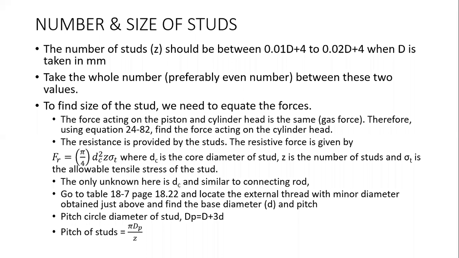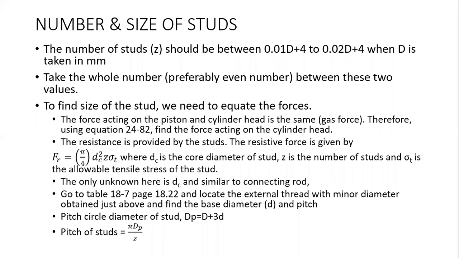We can do that in software, and you can machine that easily using the present CNC machines, but we usually don't prefer odd numbers because the testing and all those things will also create slight problems. So we take a whole number which is preferably even. Sometimes odd numbers are preferred, but most of the time we go with the even number.